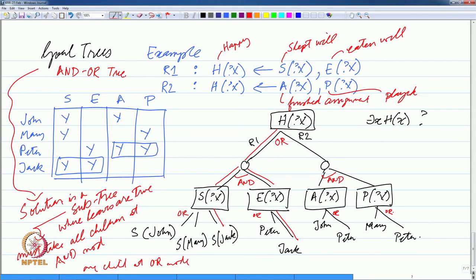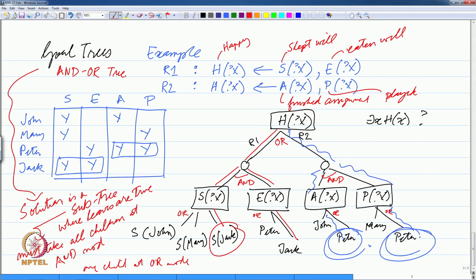And you can see that there is another solution, which let me draw with blue here, which goes along the other path. So, you must go down both the paths, and here you must go down Peter, and here you must go down Peter. So, one solution contains Peter here, that Peter has done the assignment and Peter has slept well. The other solution contains Jack here, that Jack has slept well and Jack has eaten well essentially.